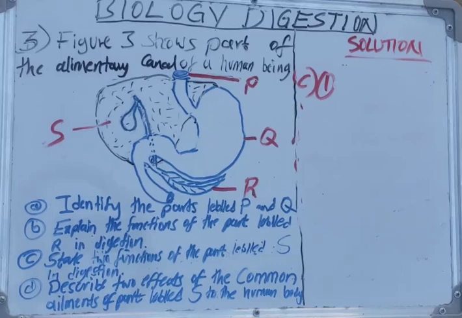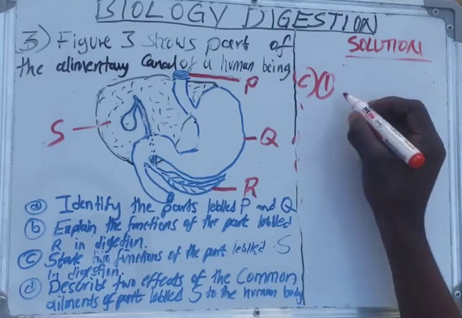Okay, then the last question reads, describe 2 effects of the common ailments of the part labeled S in the human body. So they want us to describe the ailments or the diseases of the part labeled S, the liver.